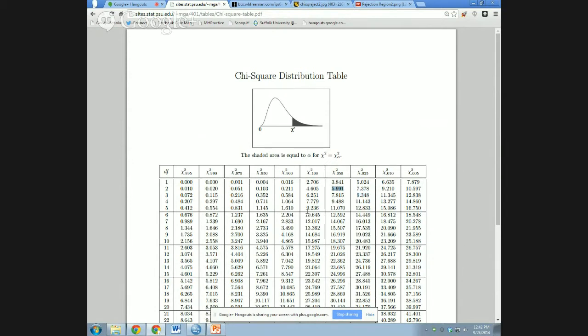So any value less than 5.991 would be accepted, and anything greater than 5.991 would be rejected. It would be in this rejection region.